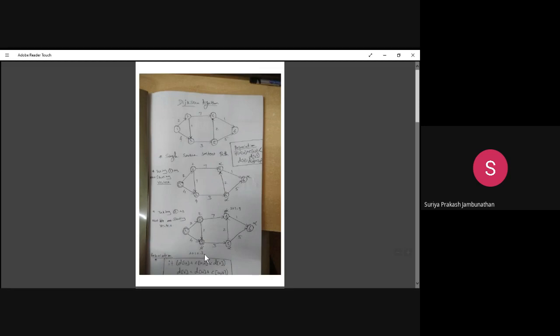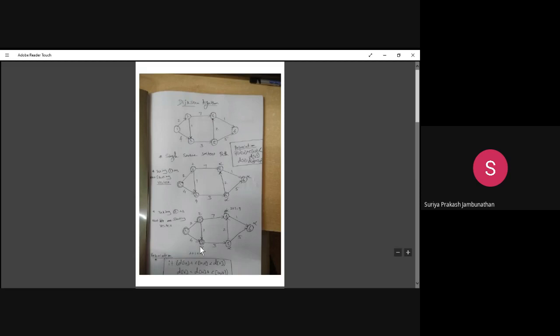This is the relaxation formula: if the addition of these two, the node weight and the edge weight, is less than this particular dv, where dv is the weight we already have for the particular node, then we have to replace the dv value with the added value.